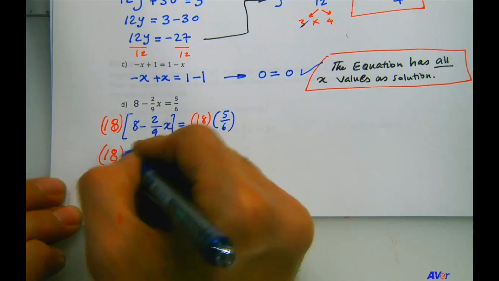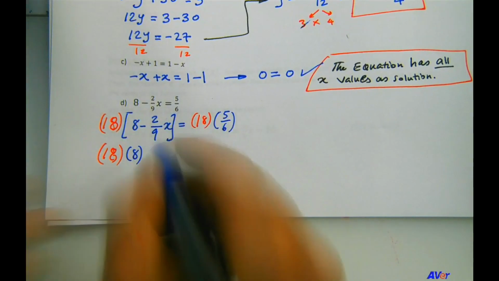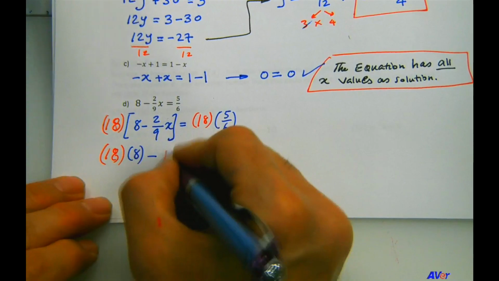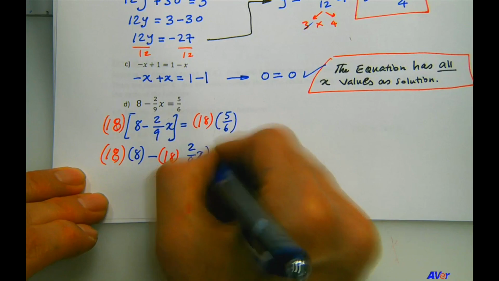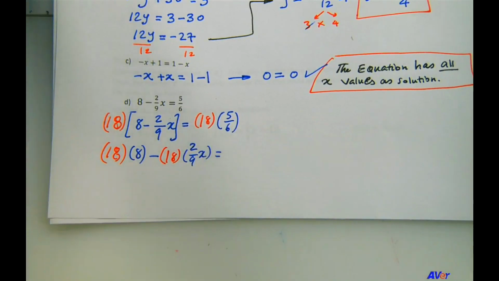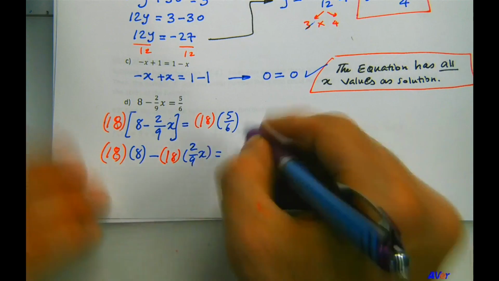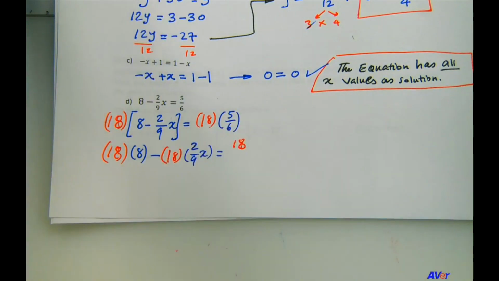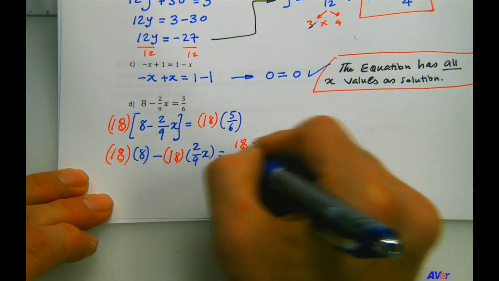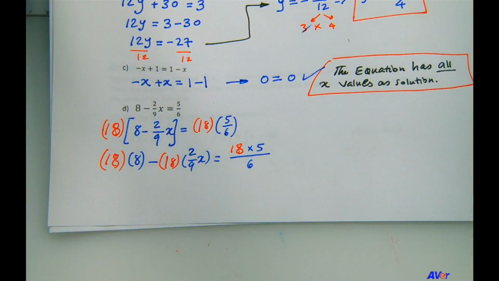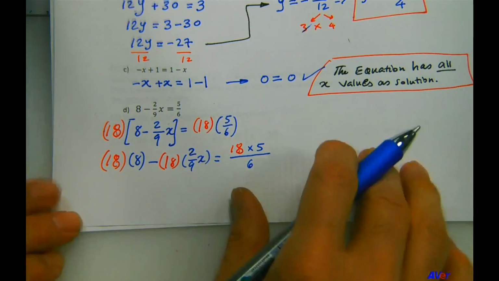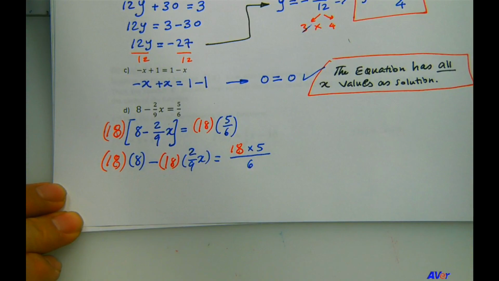So 18 times 8, notice I'm just distributing, minus 18 times 2 over 9x equals 18 times 5 over 6. I could simplify, but I didn't, because I want to minimize the possibility of any error. Okay, now let's simplify. So 18 times 8, what is that?